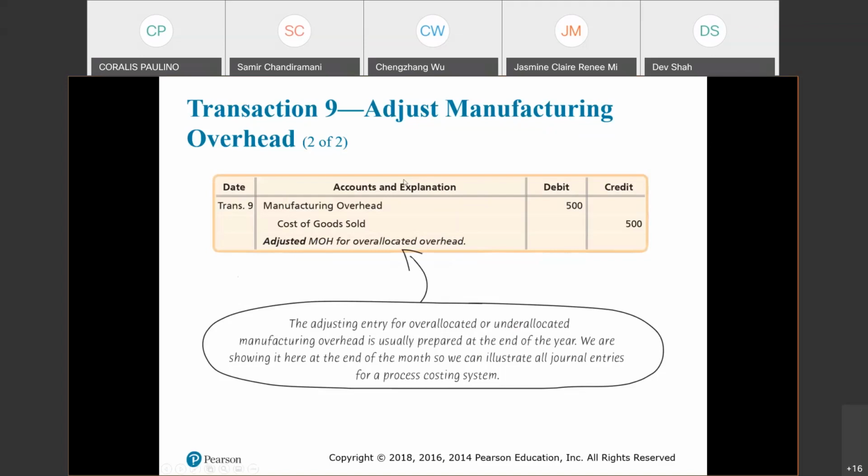So, to adjust, we have to either debit or credit according to the nature of the allocation, over allocation or under allocation. We need to make manufacturing overhead account to be 0, and this amount needs to go to COGS account.